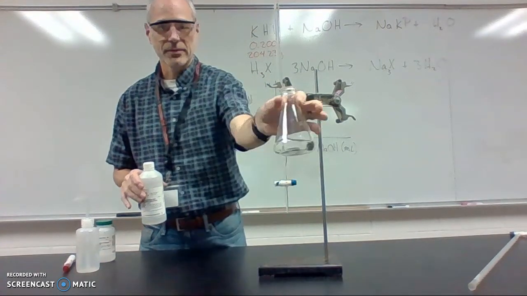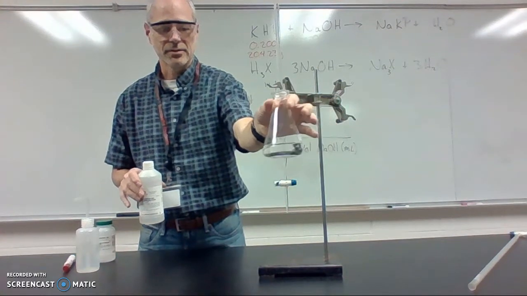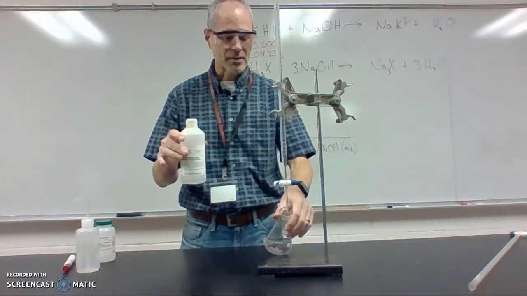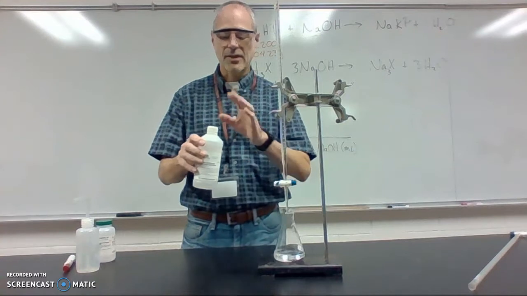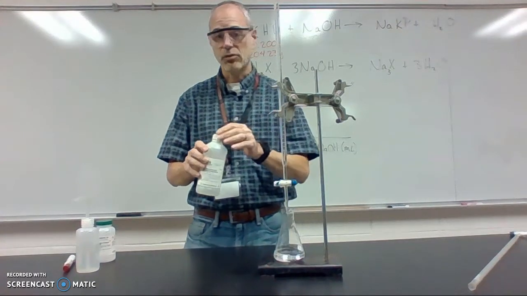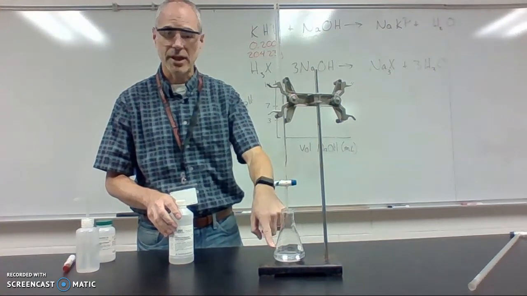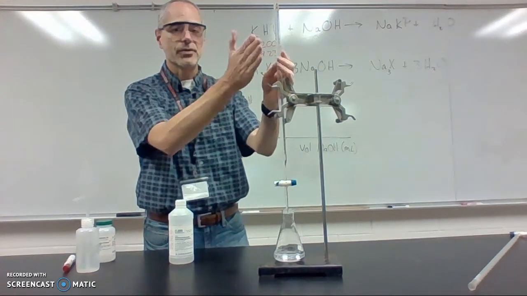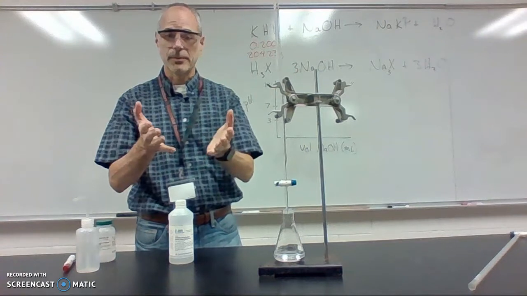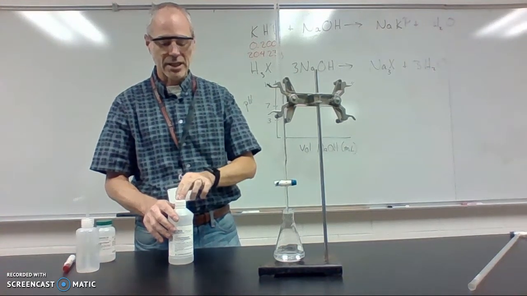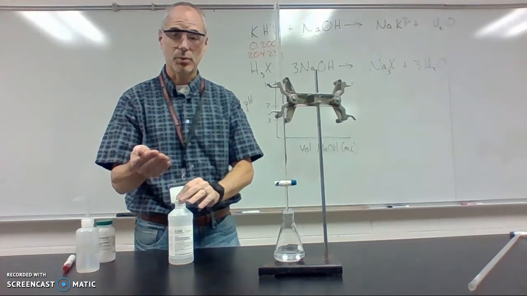Initially, this is all nice and clear. But with the indicator, it changes color at the equivalence point. The equivalence point is where the moles of the weak acid and the moles of the base are equal. When we hit that color change, that's called an end point.